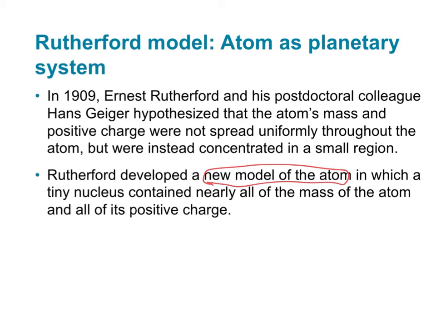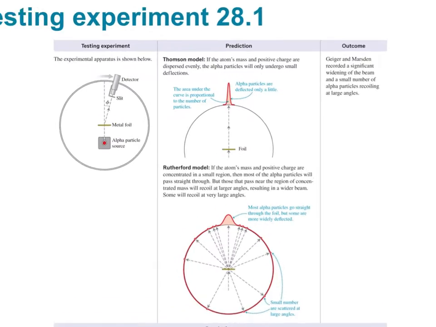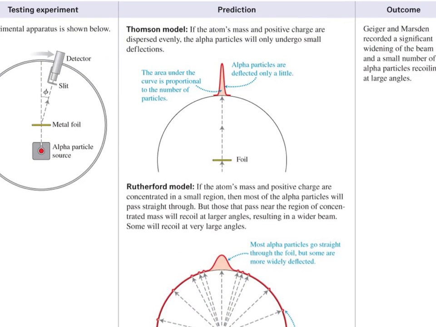He developed the model based on what he had done in the lab: that there was a tiny nucleus that was really, really dense that contained most of the mass of the atom, and all of its positive charge was collected there. That was based on his experiment using gold foil. In the plum pudding model, you would have expected a different result than what happened in Rutherford's experiment.